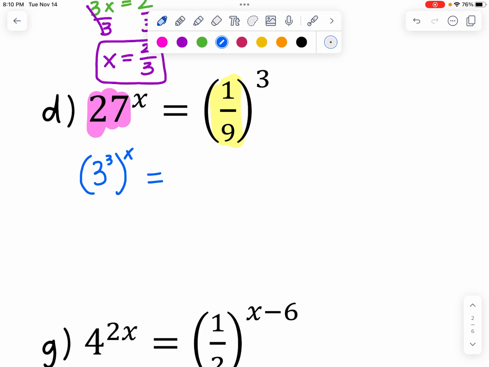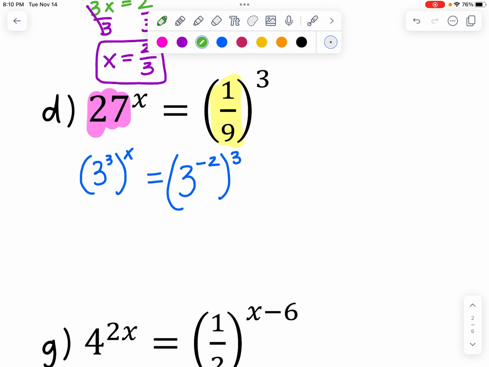Okay, 2 steps here. First, I need the fraction to become a whole number. Okay, so I know that that's going to have to be a negative exponent. And then the second part, I need 3 to become 9. Well, 3 squared is 9. So 3 to the -2 power would be 1/9. Bring down that 3 from the original problem.